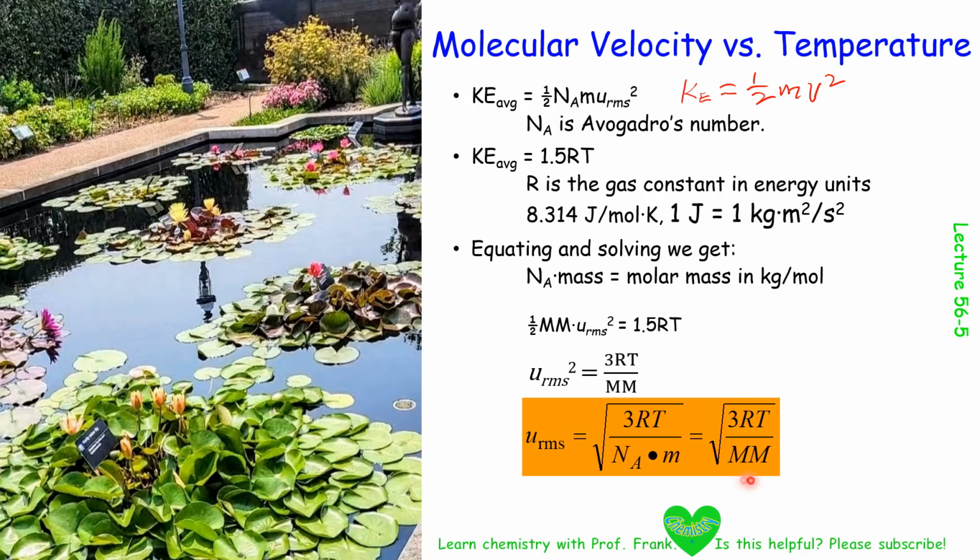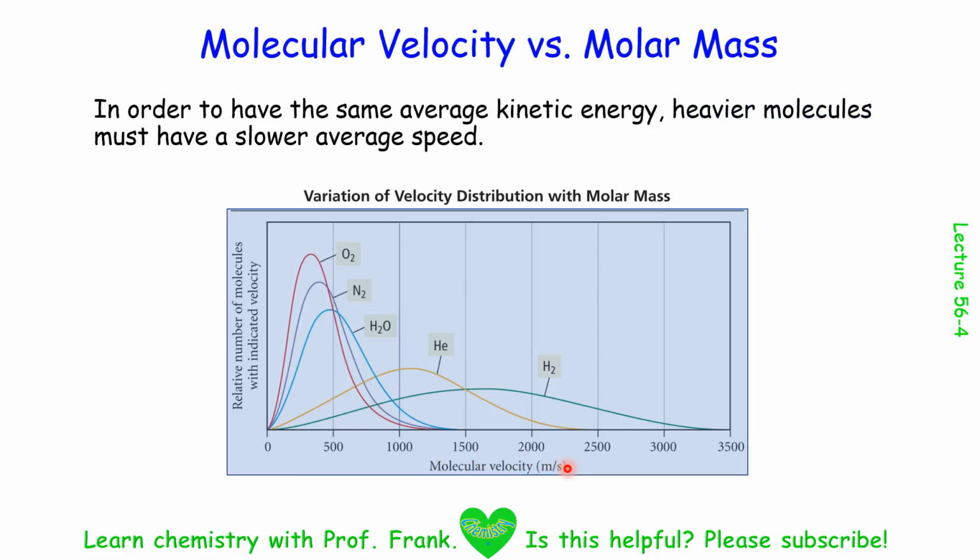Then this term should be much larger. And of course, then the velocity or the speed of the gas particles or molecules will be much faster. And that explains why heavier molecules have slower average speed. So that's the reason.